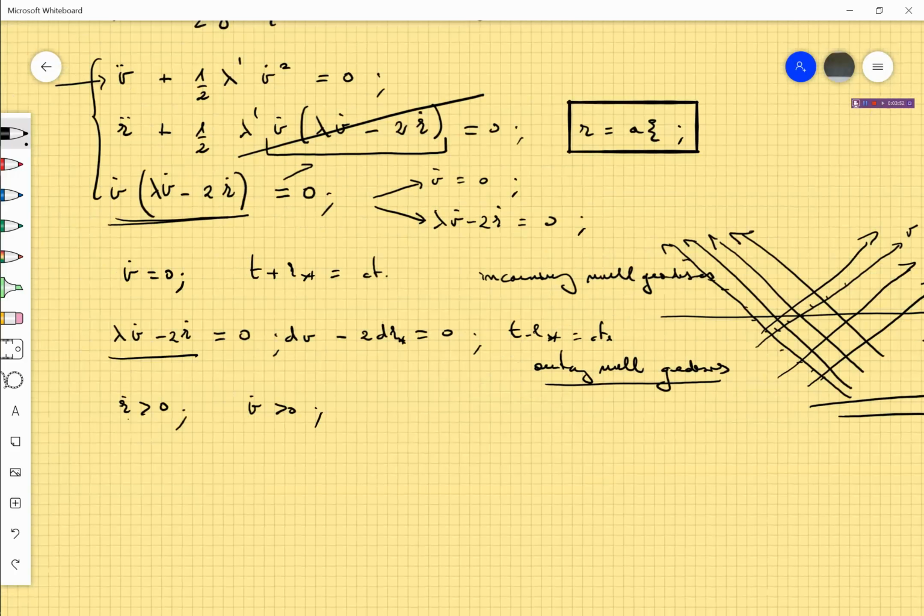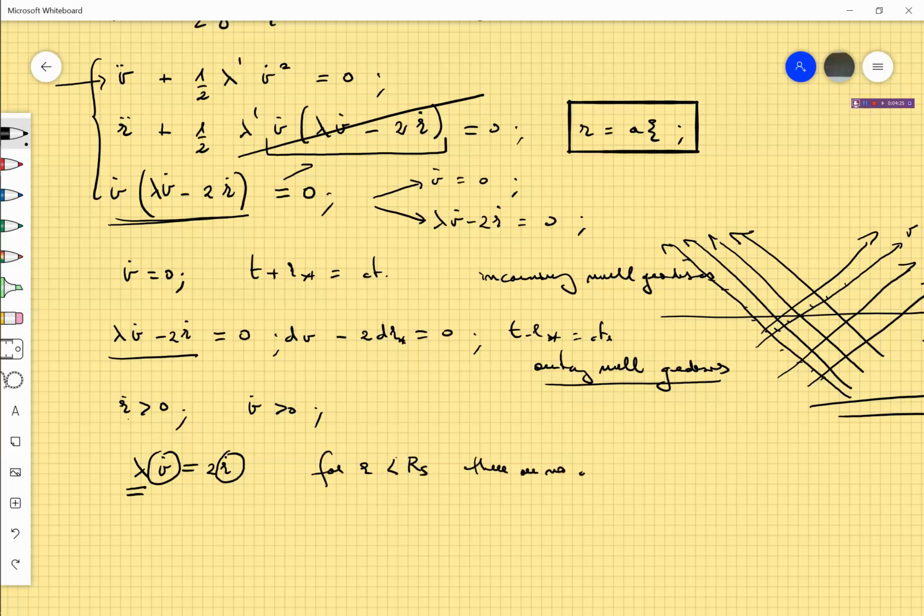Now if you look at this equation, this is positive, this is positive, this has to be positive by consistency, but this cannot be when r is smaller than rs. So for r smaller than rs, there are no outgoing null geodesics.